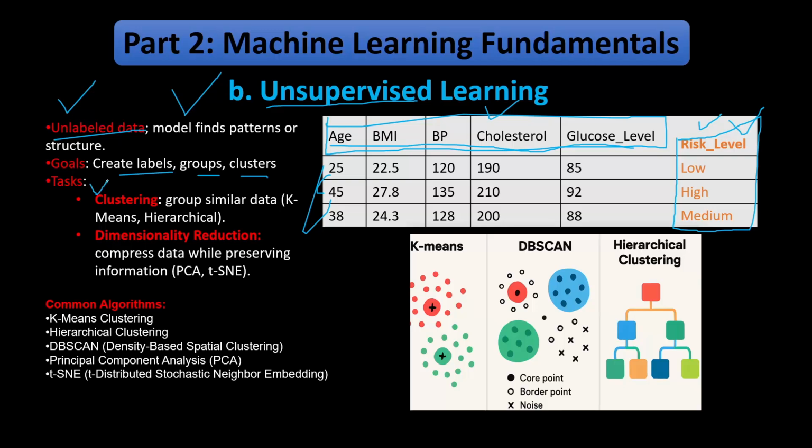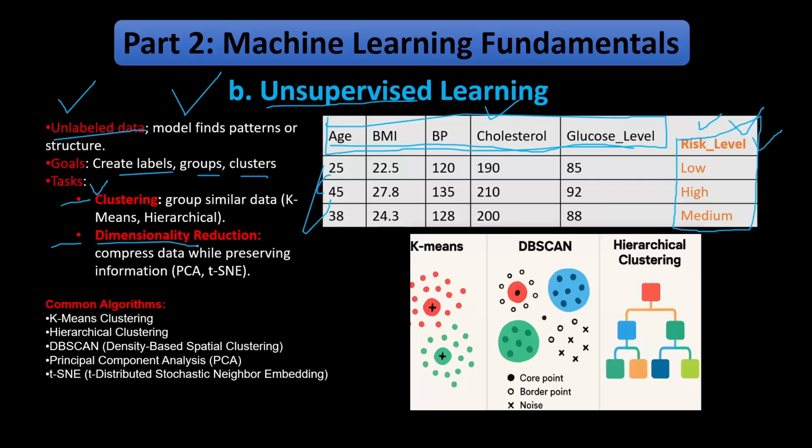Unsupervised learning has further 2 types: clustering and dimensionality reduction. In clustering, what we basically do is create a target column where we have some clusters or some labels based on similarity or distance, which we will discuss and explain a bit later.